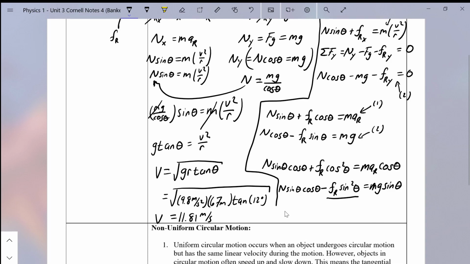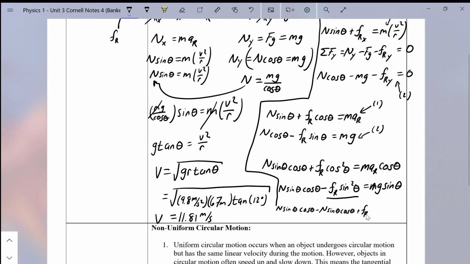So let's go ahead and subtract these things. On the left-hand side, I have n sine theta cosine theta minus n sine theta cosine theta. That goes away.